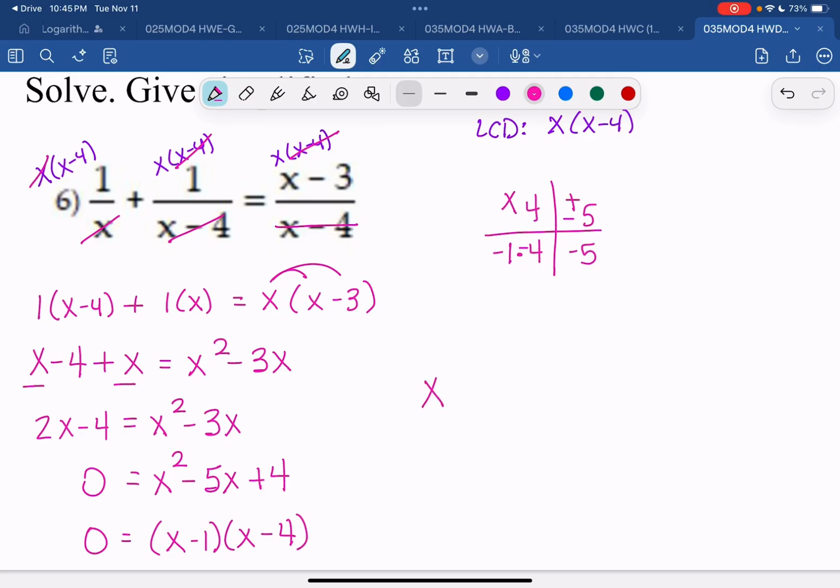That means x equals 1 and x equals 4. Remember, we have to always check our answers to make sure it's in the domain when it's rational. And if I check x equals 4, 4 minus 4 is going to give me 0. Can't have that. So this one is extraneous. So the only solution that I have is x equals 1.